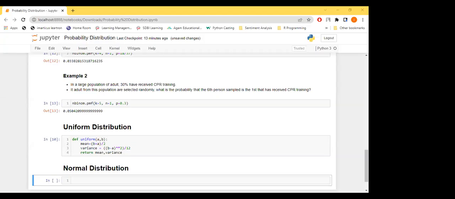Write normal distribution, online students. What is the example you have written for normal, guys?